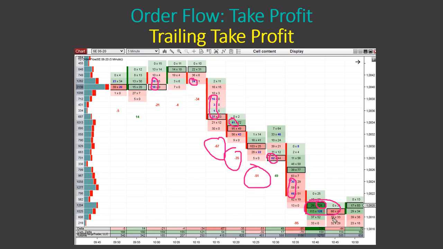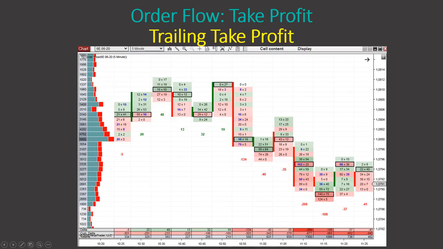So this would be a place to take your profit, but all this is selling pressure. All right, aggressive sellers pushing the price downwards. You can also see huge numbers on bid, which means aggressive sellers. So when you see something like that, you can stay in your short and you can trail it.